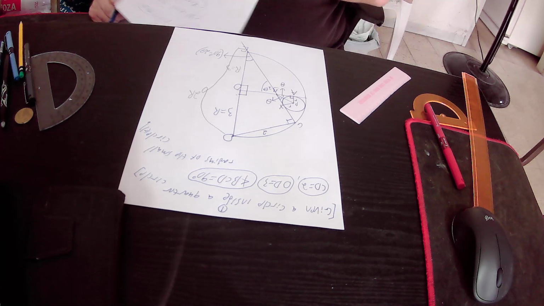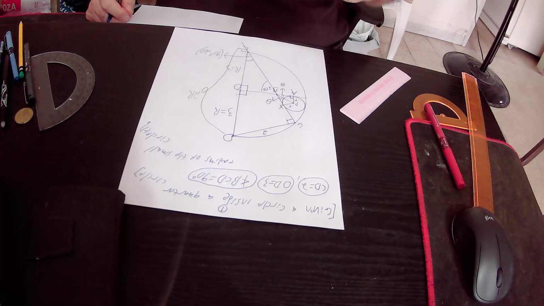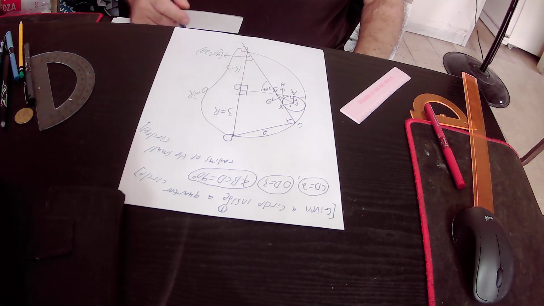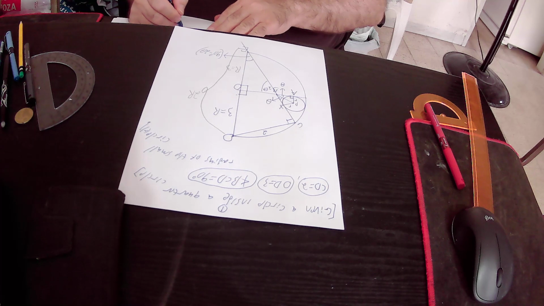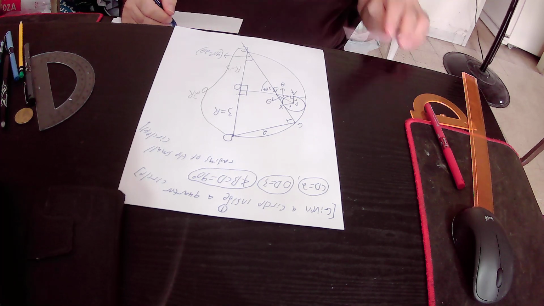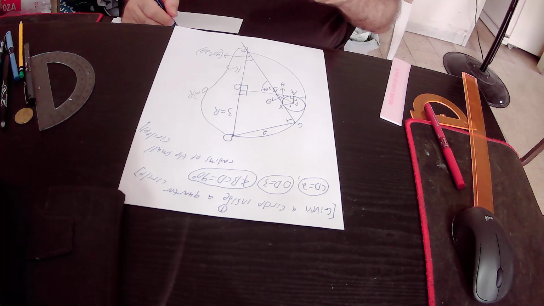Okay, so in the right triangle DCE, the right big triangle, we know that the sum of the angles is equal to 180 degrees.